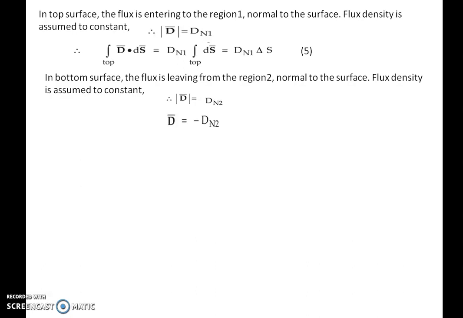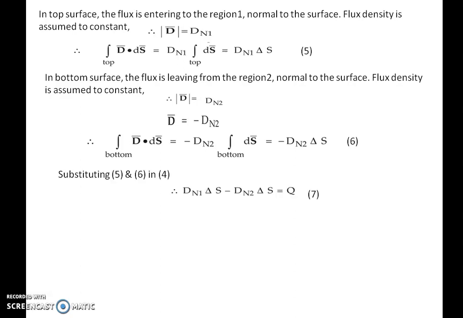So now the bottom surface integral D dot dS will become minus DN2 times the bottom surface dS. The area of the bottom surface is delta S. So this equation will become minus DN2 into delta S. By substituting equations 5 and 6 in 4, we get DN1 into delta S minus DN2 into delta S, which is equal to Q.